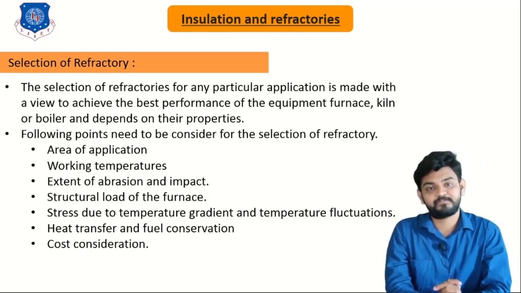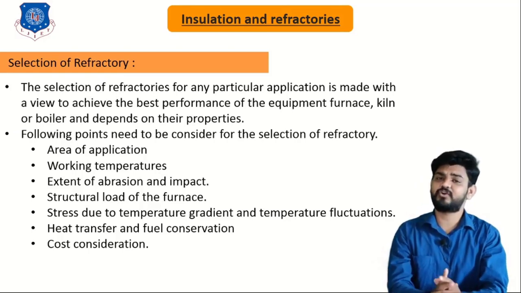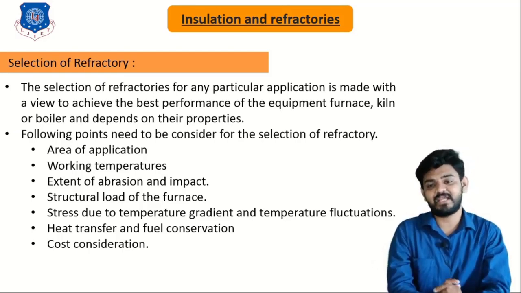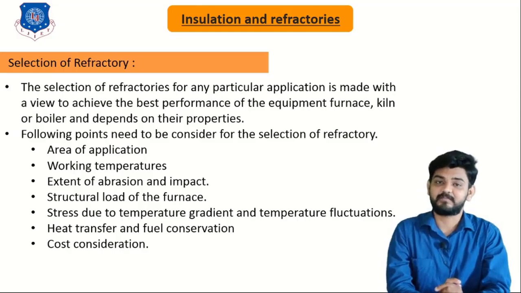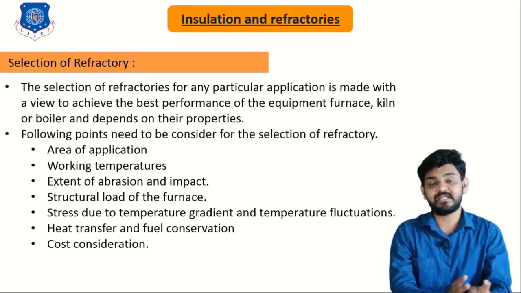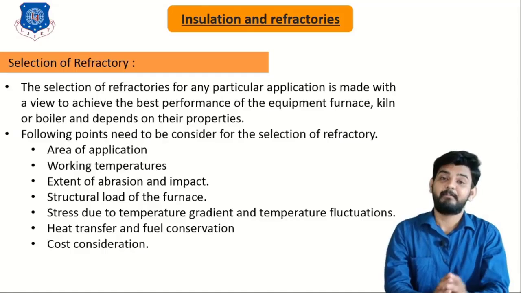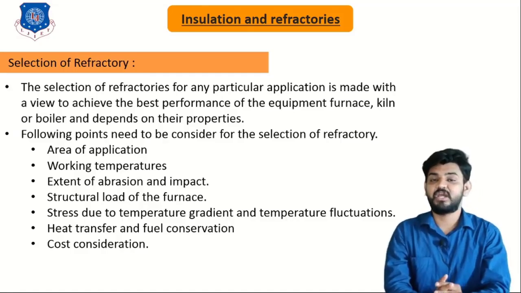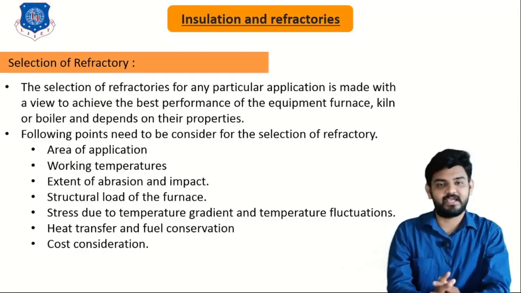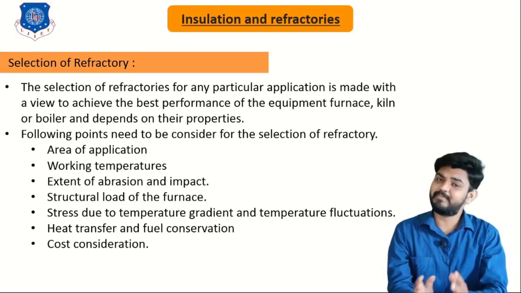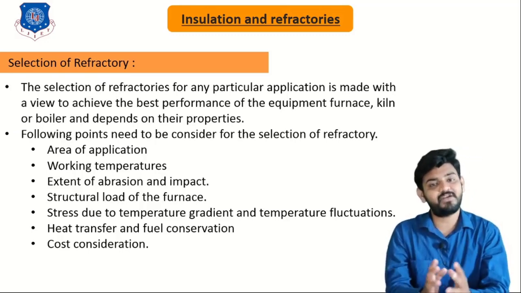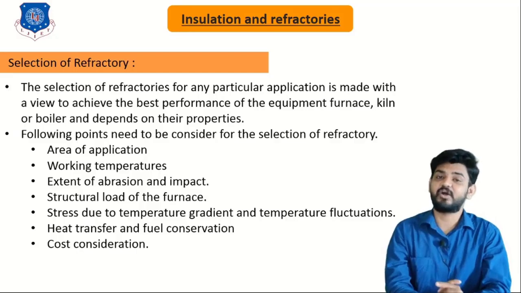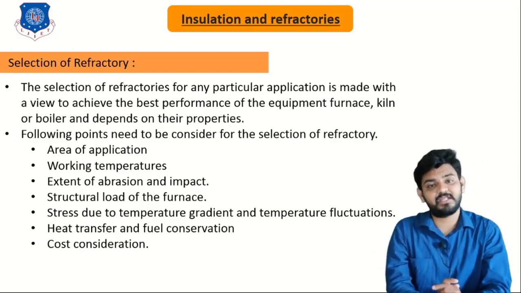The second criteria for the selection of this refractory is the working temperature. We have already seen different types of insulation based on the temperature range they are going to be applied in. So the temperature range is also a very important factor for the consideration of these refractory materials.